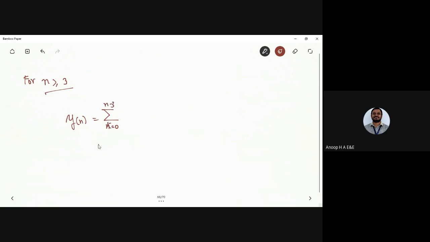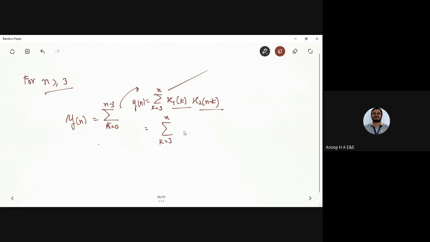Or I can write this summation in such a way that I'll be having sigma k equals 3 to k equals n, with x1 of k and x2 of n minus k. So what I can represent here as y of n is sigma k equals 3 to k equals n, x1 of k and x2 of n minus k, which is written here.